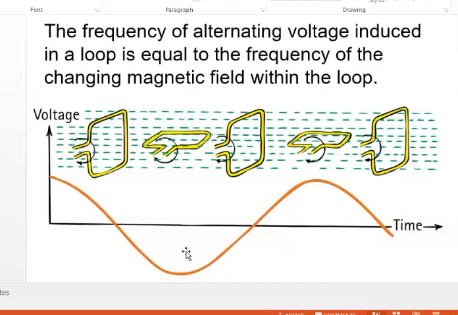So if you start from here, this cycle is negative and this cycle becomes positive. So alternately it becomes positive and negative as the coil rotates. So alternating voltage is produced by the generator, and this is called an AC generator.